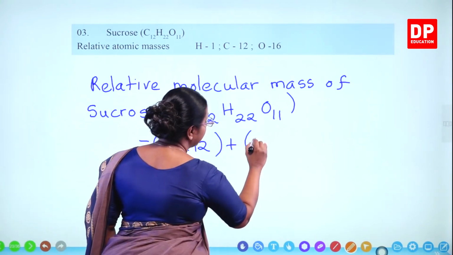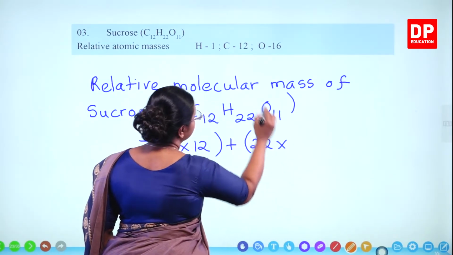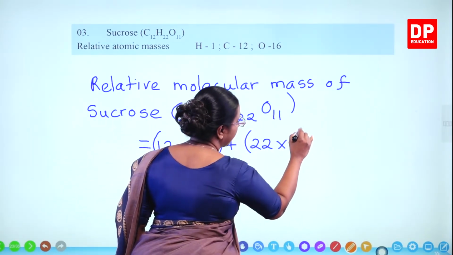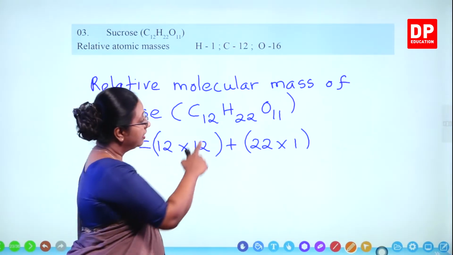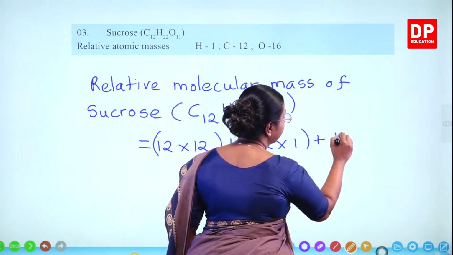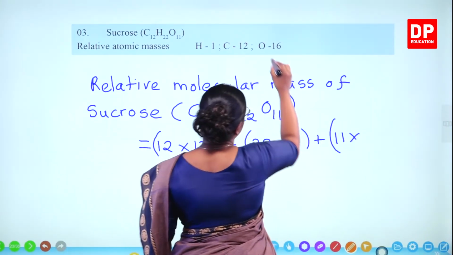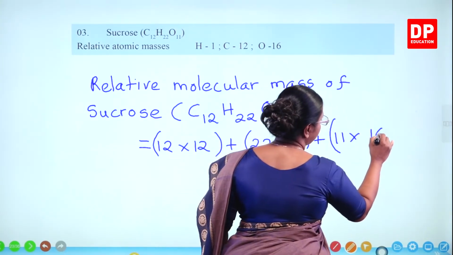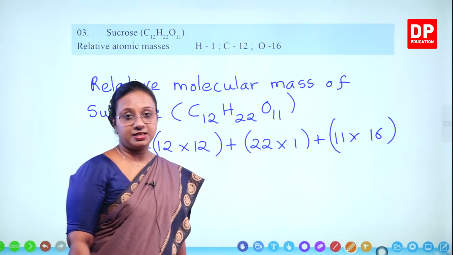With that, there are 22 hydrogens. The relative atomic mass of hydrogen is 1. Then there are 11 oxygens. Relative atomic mass of oxygen is 16.